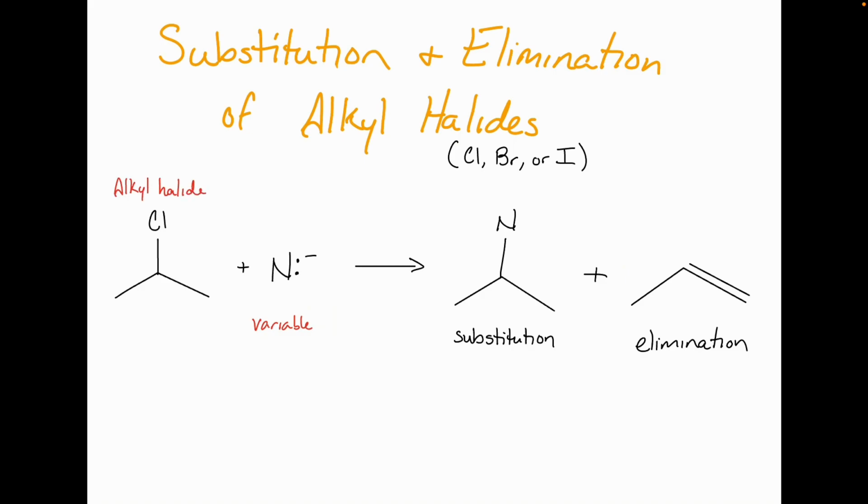You can either get the substitution product, where we just swap out that chlorine or that halogen for this nucleophile in our reaction. Or you can get an elimination product, which is where you have this alkene that's formed, right? So you eliminate that chlorine altogether, giving you this alkene product.